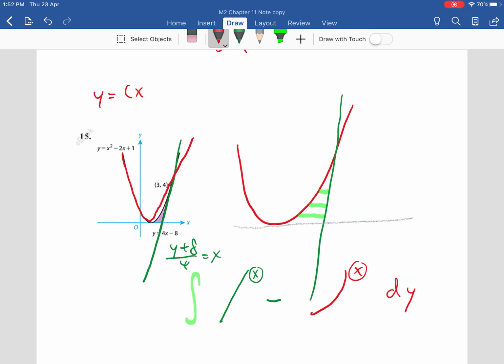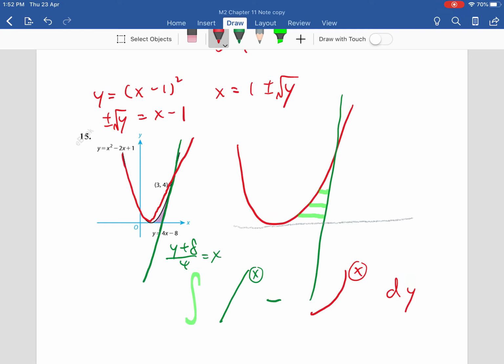For the red one, you have to complete the square first, and then x minus 1 equals plus or minus root y, therefore x equals 1 plus or minus square root y.